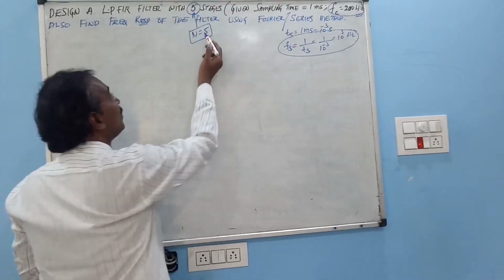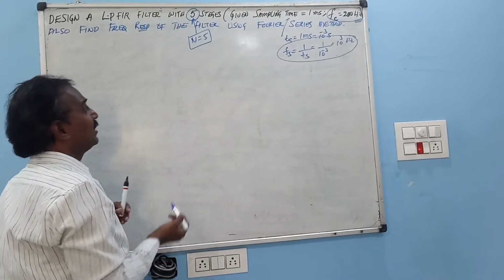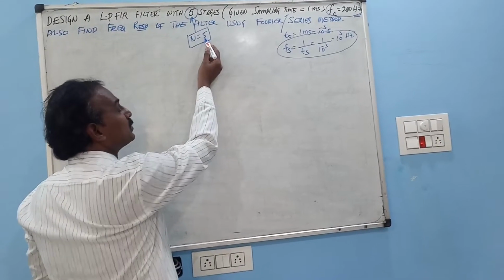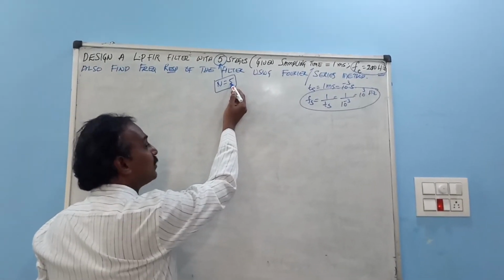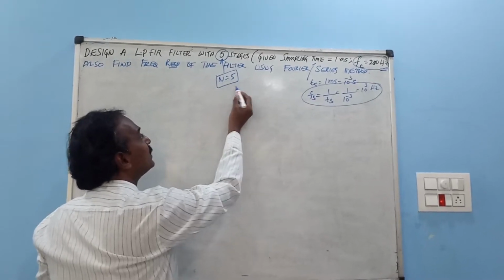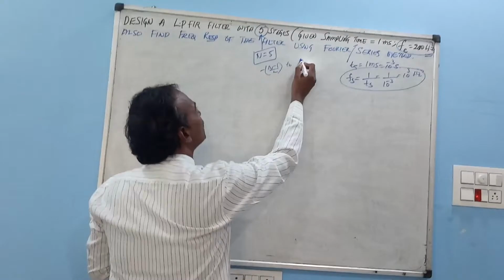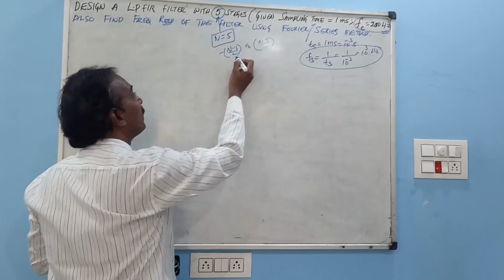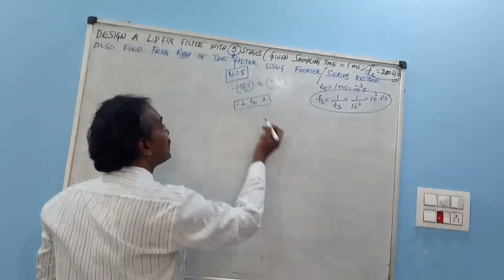So when N is equal to 5, the total number is 5. Now when I shift to the left side and right side, it is minus (N minus 1) by 2 times and plus (N minus 1) by 2 times. If I put N equal to 5, 5 minus 1 is 4, by 2 that is minus 2 to plus 2.